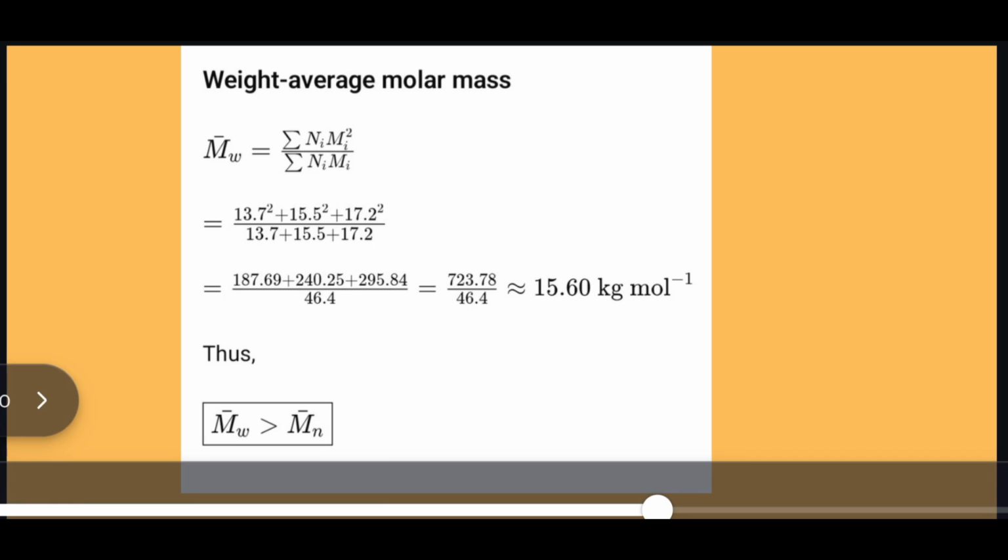So finally you will get 723.78 divided by 46.4, that is equal to 15.60 kg per mole.